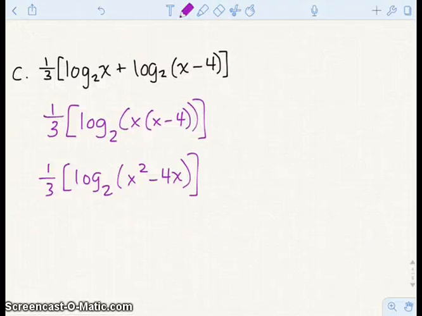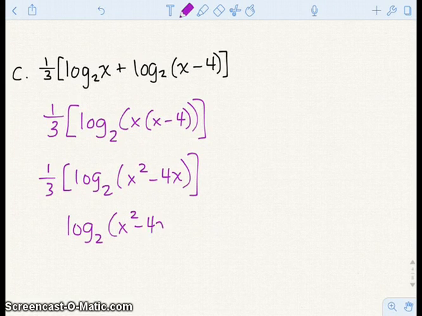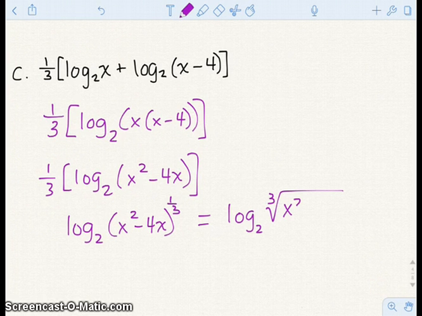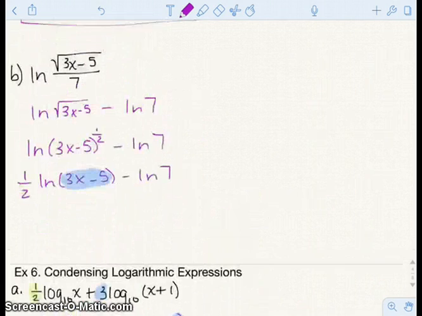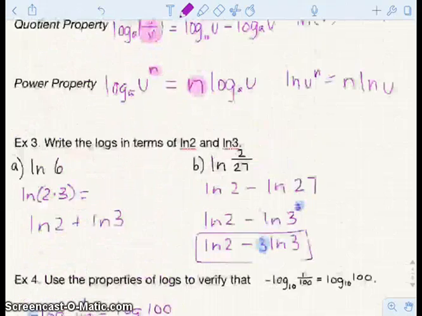I will have log base 2 of x squared minus 4 all to the 1/3 power, which is really the cube root. If you didn't know that, you could have left it as the 1/3 power. It's essential that you learn these properties here and how to work with them in both directions.